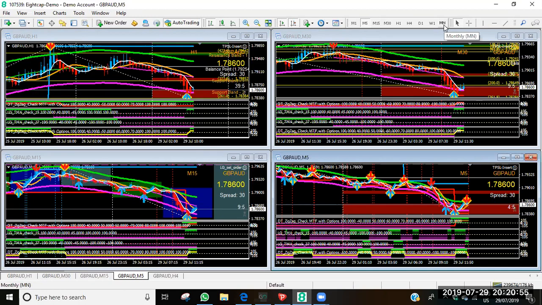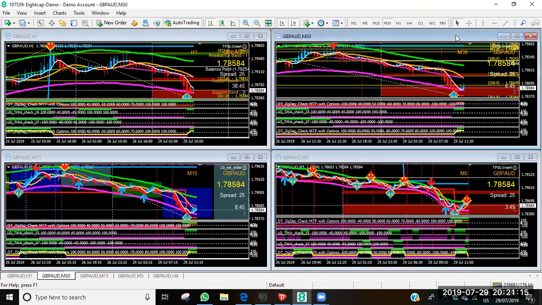Line to the last vertical line signal on the 30-minute chart. So how long ago did you enter that trade, Ruth? So let's have a look.